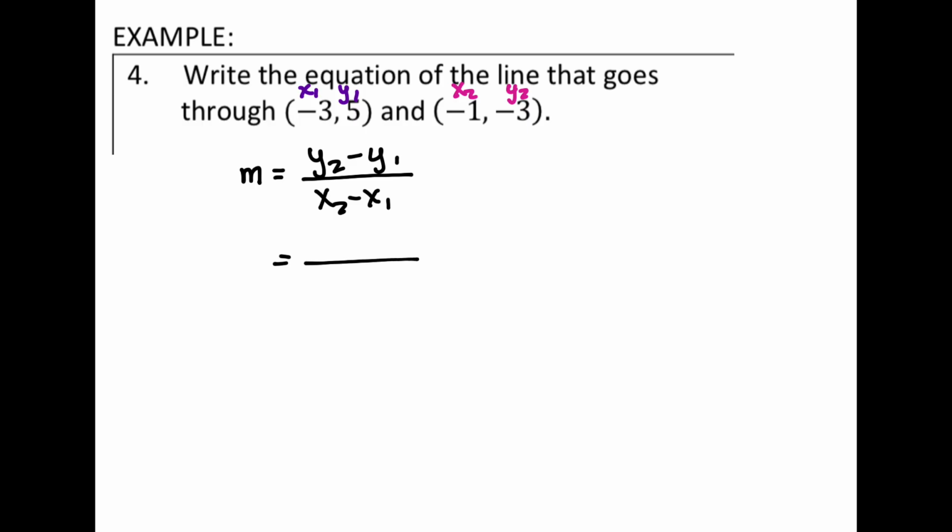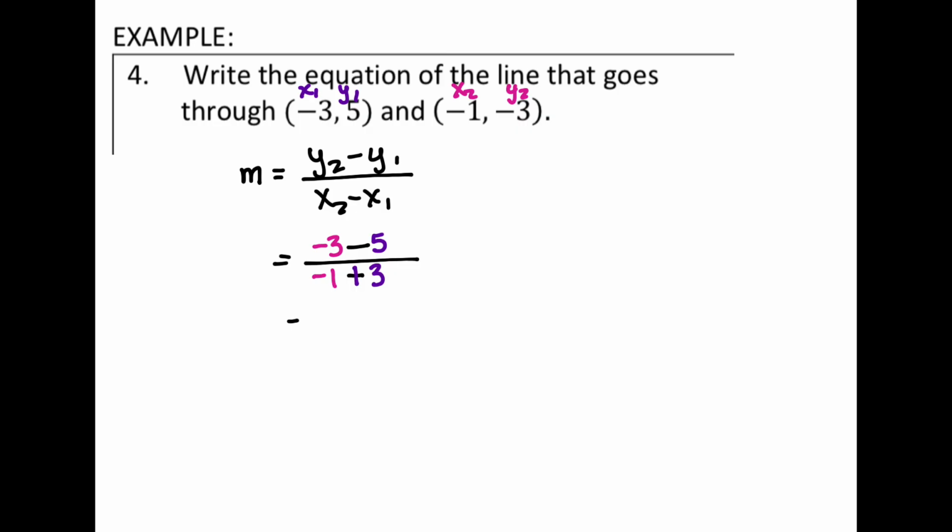So here we go. Y from the second minus y from the first. So negative 3 minus 5 over x from the second, negative 1, minus x from the first, negative 3. So minusing a negative makes it a positive 3.